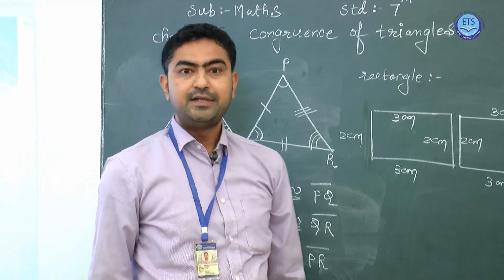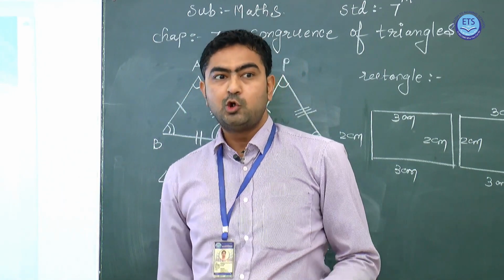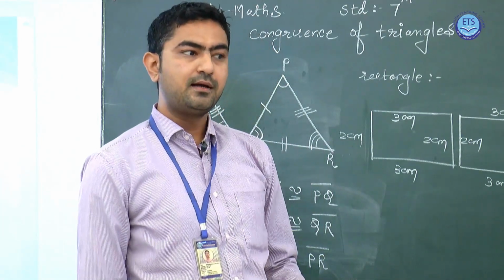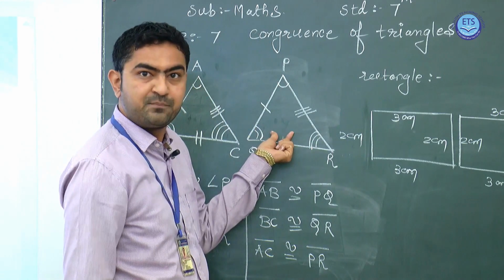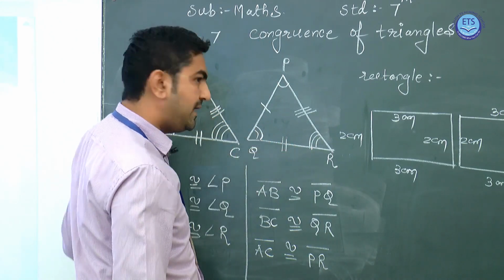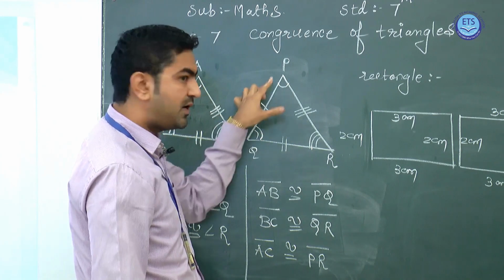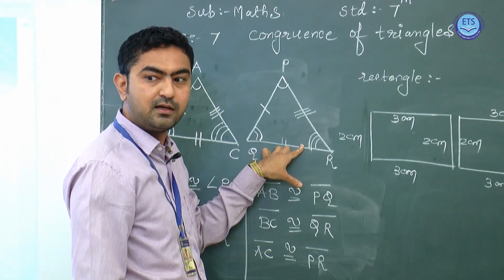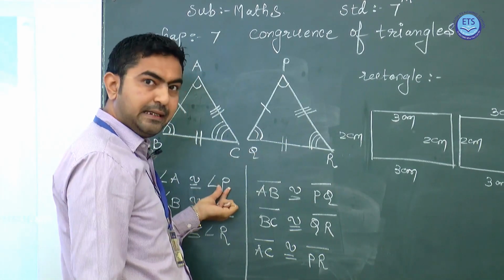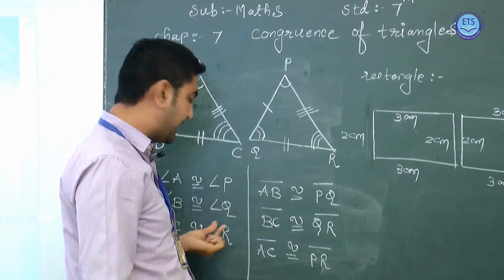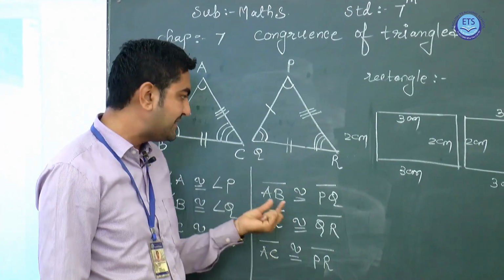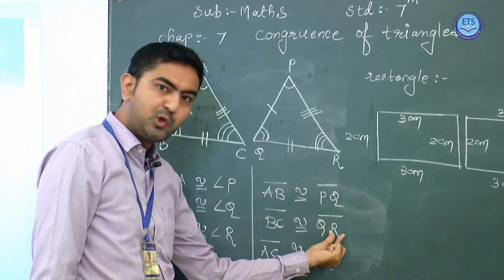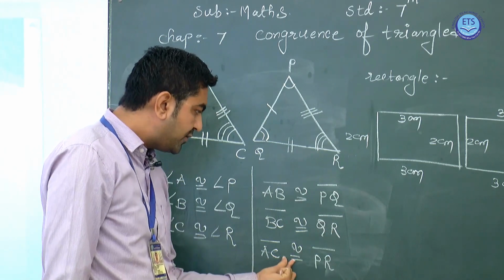Now see here, there are a total of 6 conditions to satisfy the congruence of two triangles. In the first triangle ABC and the second triangle PQR: angle A congruent to angle P, angle B congruent to angle Q, angle C congruent to angle R, line segment AB congruent to line segment PQ, line segment BC congruent to line segment QR, and line segment AC congruent to line segment PR.